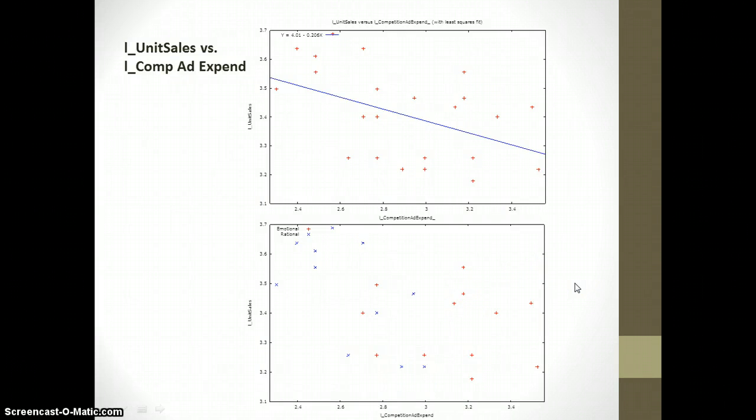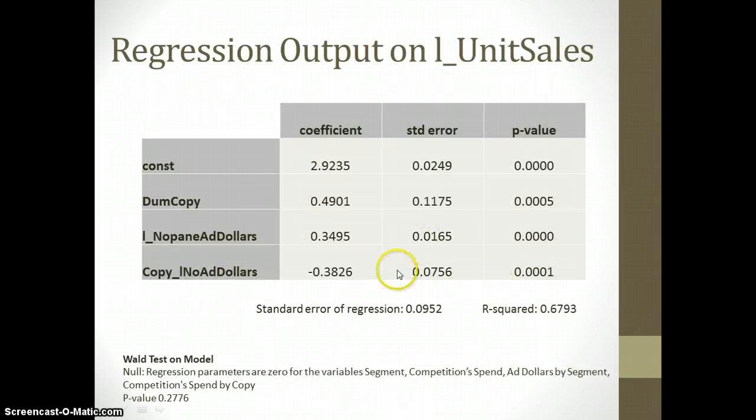So I did look at this factor. However, when I ran the model, it came out to be insignificant as a factor on our sales. Also, the segment, the spending on types of segment, the competition spending on what segment, and the ad dollars by segment all came up insignificant in the model as well, per our suspicions from looking at the data.